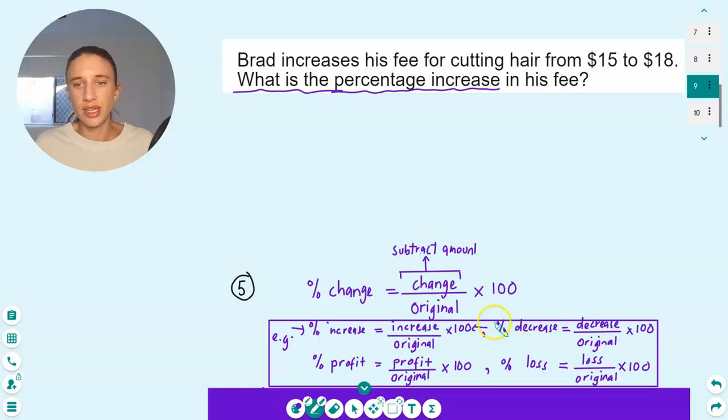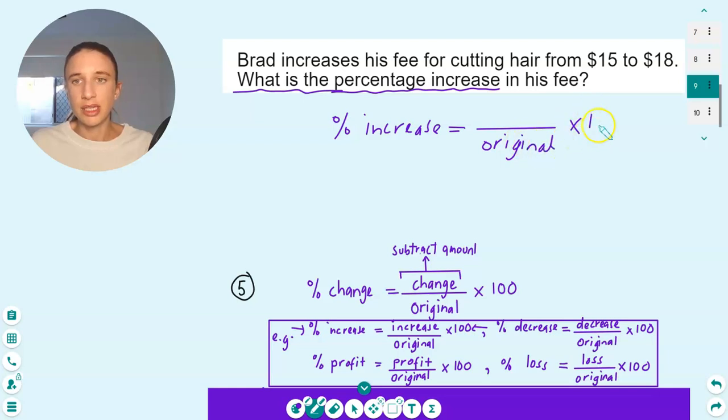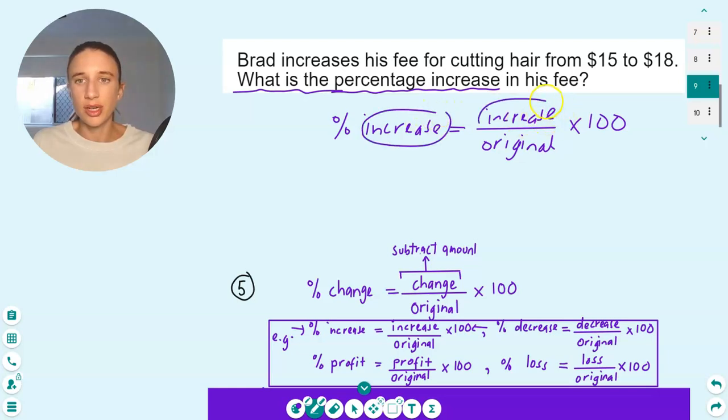Notice all of these 4 formulas, you're dividing by the original and timesing by 100. So that's all you have to remember. So this happens to be percentage increase, and I can write straight down, I'm dividing by the original and timesing by 100, and it's increase.